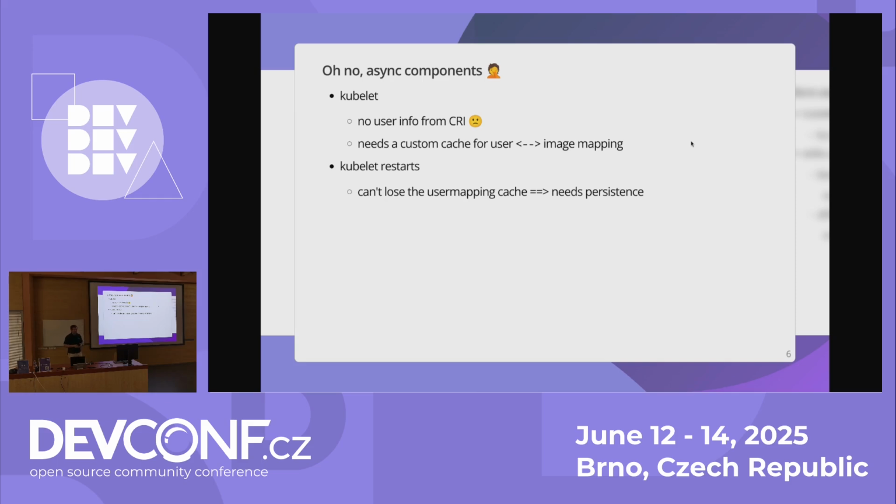But we also want to not lose all this information, because we want to make sure that we are reaching out to the external image registry the least, and so we would ideally want to keep this cache somehow persistent, right? And so we will probably use some kind of persistence, either files or a database or whatever. All right.